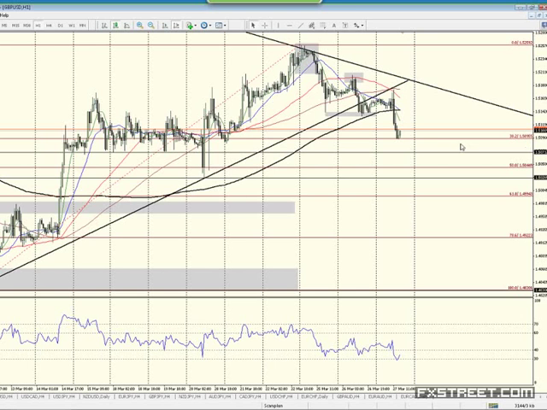So you find all these near-term pivots, and you could use them for your trade management, depending on whether you want to give it some elbow space.